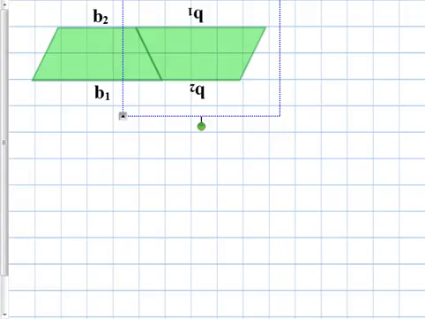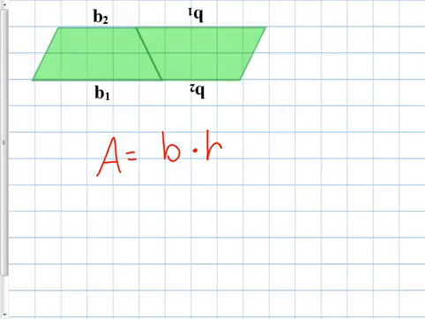Now, what you should already remember is that the formula for area of a parallelogram is area equals base times height. Well, now when you look at this, one trapezoid is half of the parallelogram. So we need to do base times height divided by 2. But notice that's the base of the parallelogram that we need, times the height of the parallelogram divided by 2.